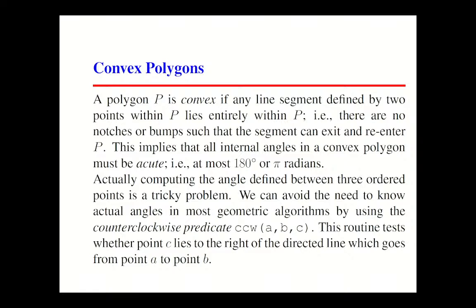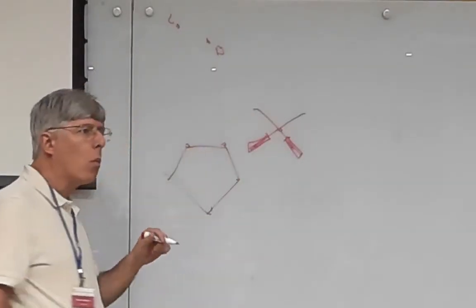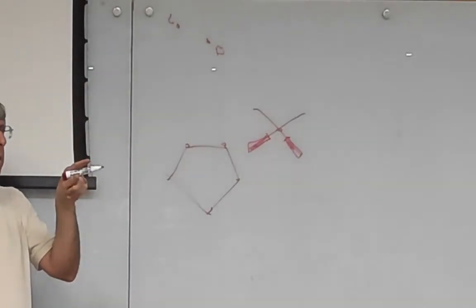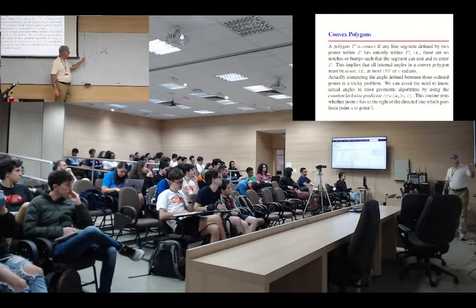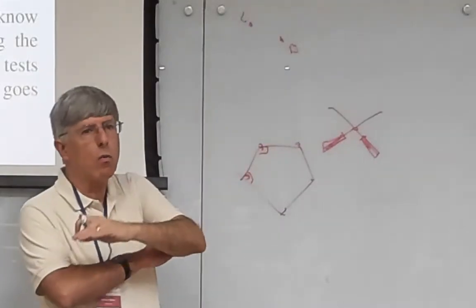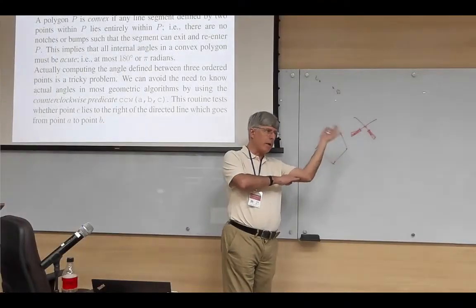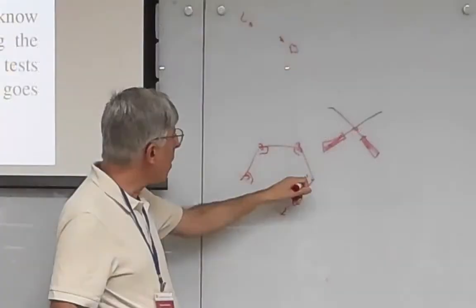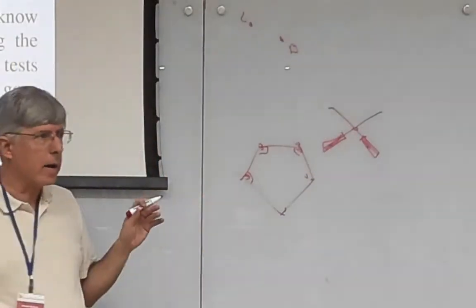When is a polygon convex? This is a convex polygon. What does convex mean here? No angles over 180 degrees. One way to think about it is that none of the internal angles goes over pi radians. If none of the internal angles go over pi radians, that's a definition of a convex polygon.